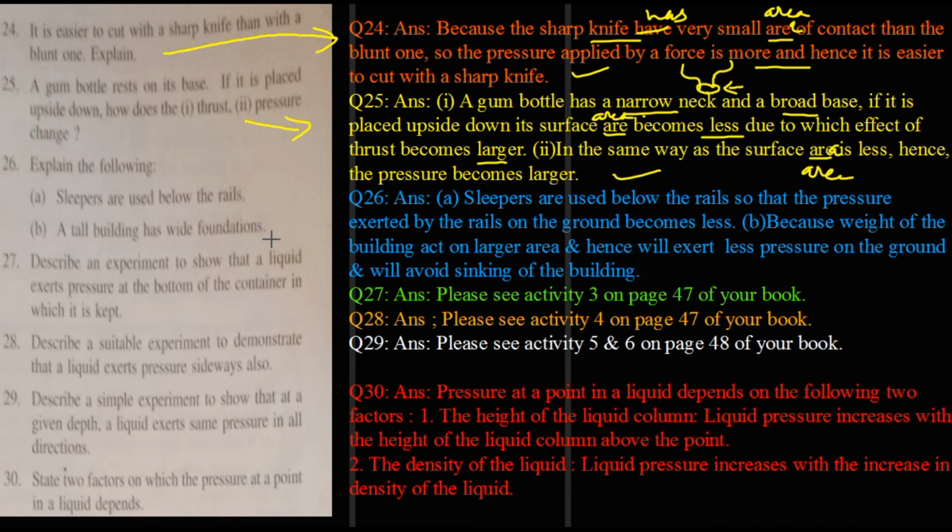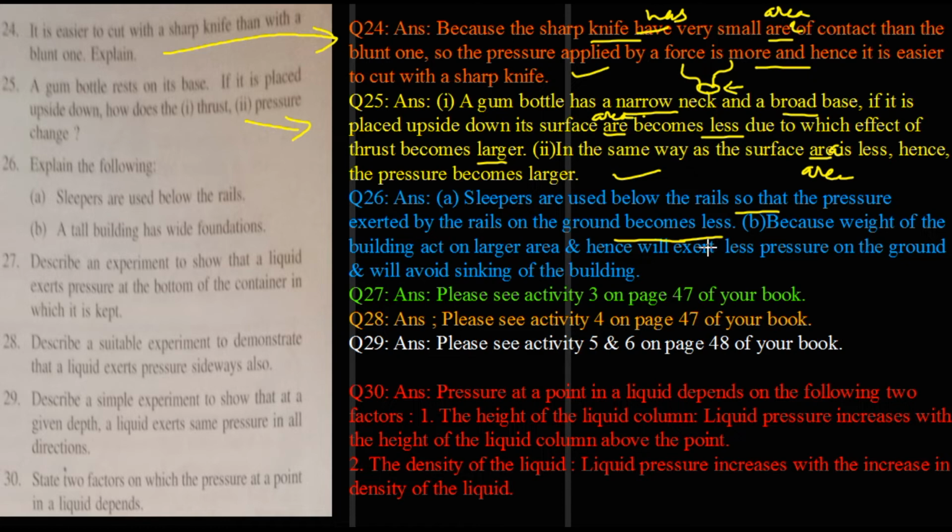Question 26. Explain the following. Sleepers are used below the rails. Because sleepers are used below the rails, the rail tracks, so that the pressure exerted by the rails on the ground becomes less, due to the broader area.